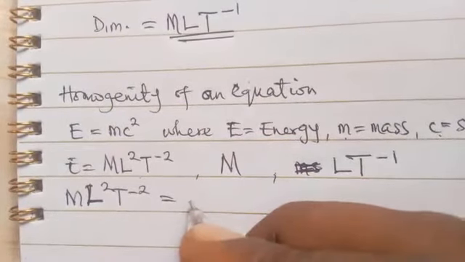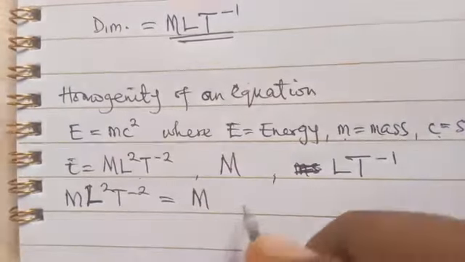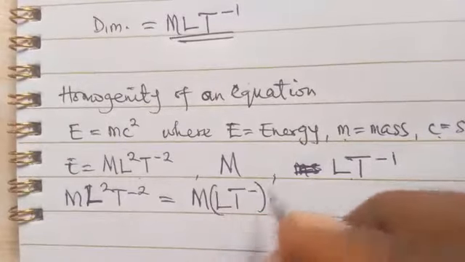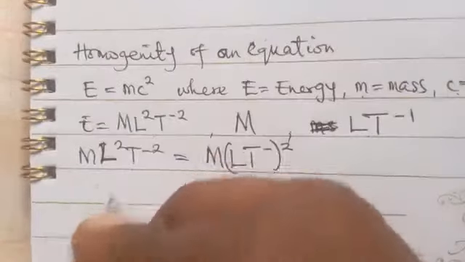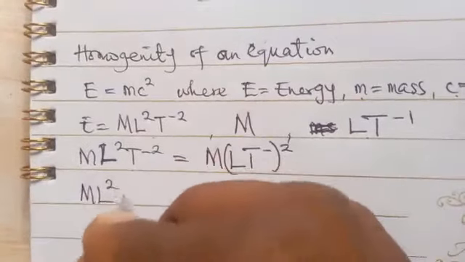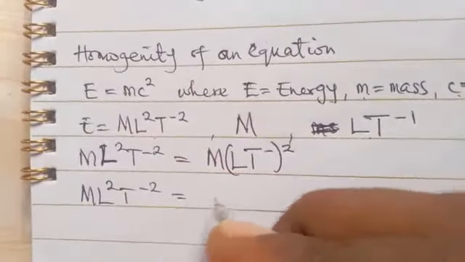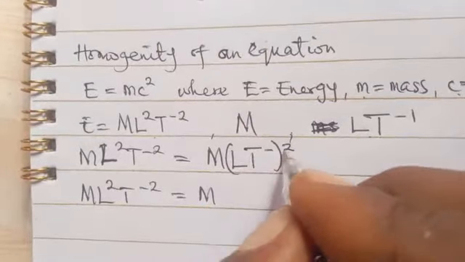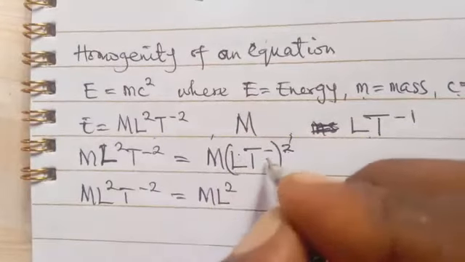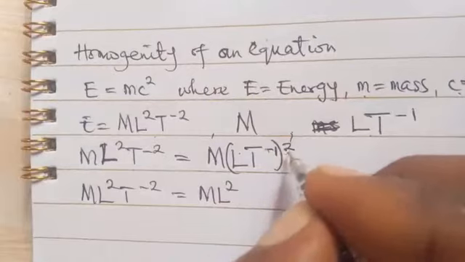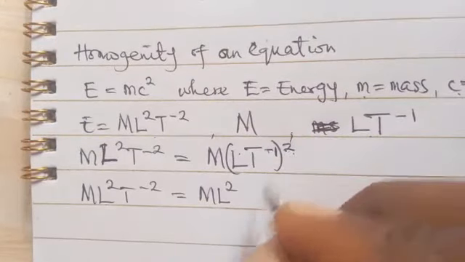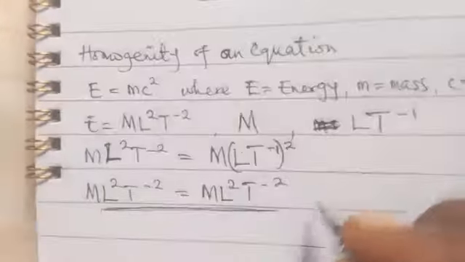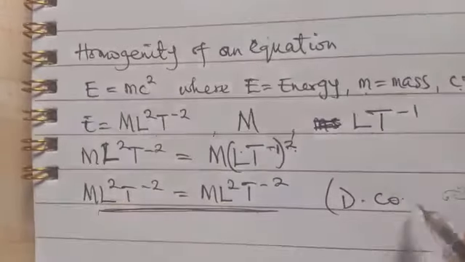So the mc squared now, m talking about mass, this speed, remember it is squared. So we have ml squared t minus 2 equal to m. The squared is for both of them because c is squared. So this squared for l, squared, minus 1 times 2 will give you minus 2. So if you see, two of them look alike, so we say that it is dimensionally correct.